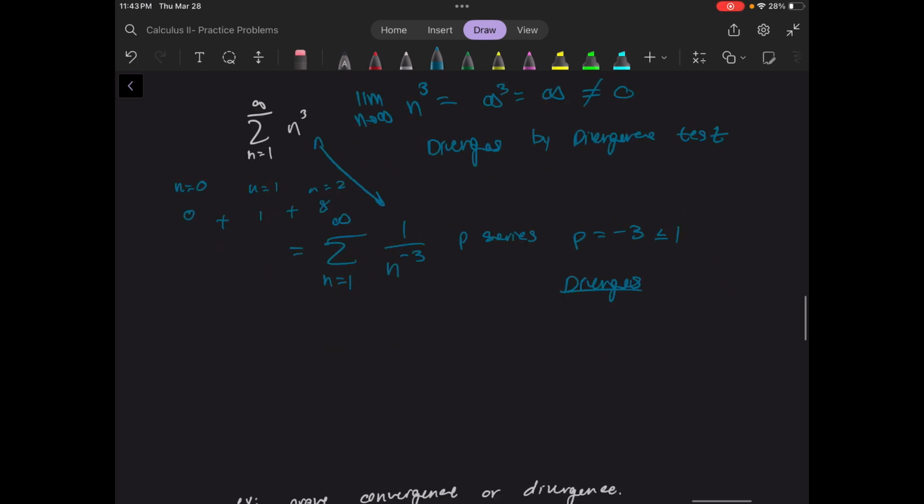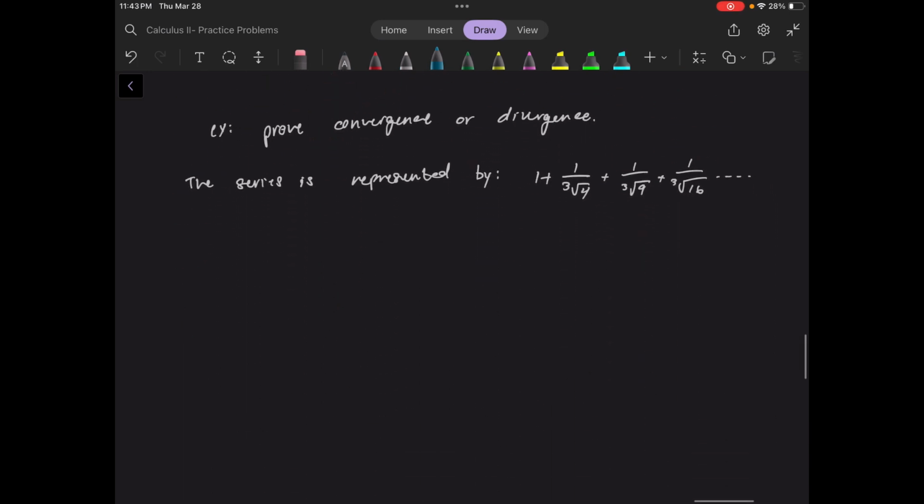In our final example, we're going to look at proving the convergence or divergence of this series, but they didn't give it to us in sigma notation. They're making us do some technician work, right? This is n equals 0, n equals 1, or not n equals 0, right?